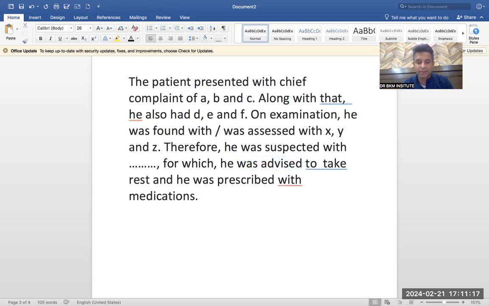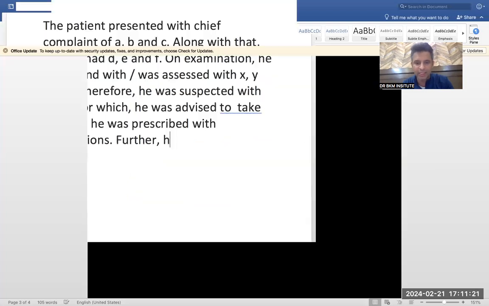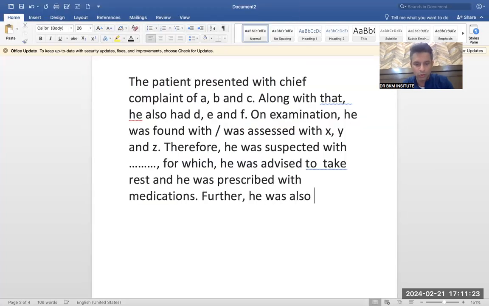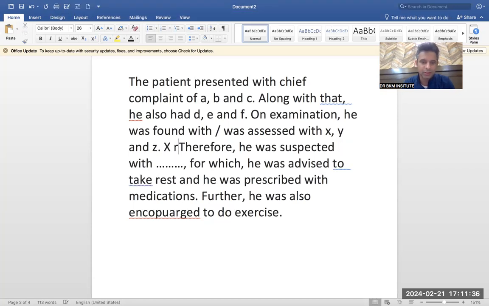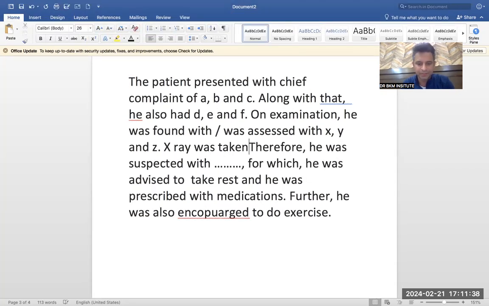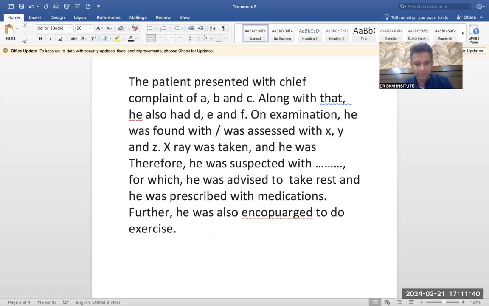Suppose he was further encouraged, he was also encouraged to do exercise. Suppose after examination some X-ray was taken. X-ray was taken and he was found with fracture.